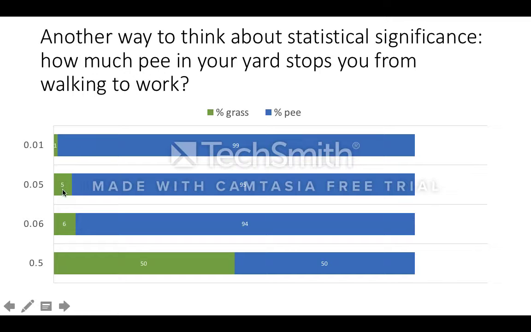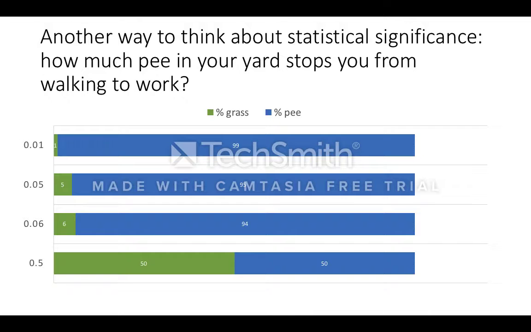However, we see here that there's a 5% probability that the composition of this individual's yard is due to chance alone, which means there's a 95% probability that the amount of pee in this individual's yard is due to something other than random chance.